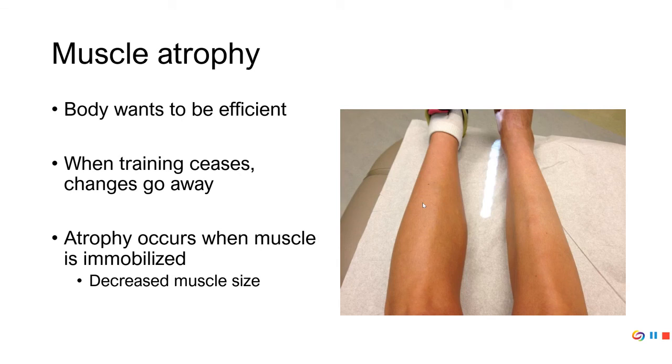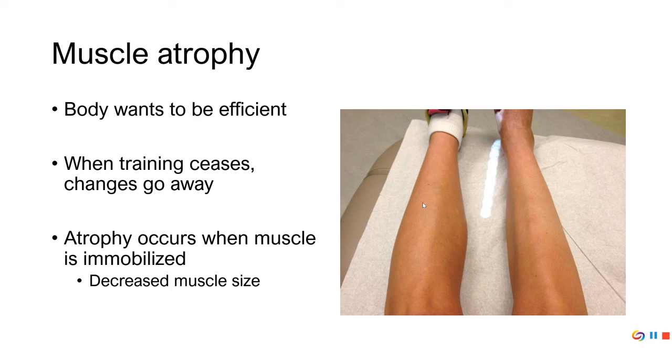Now, on the flip side, you can also have muscle atrophy. So just because I lift, and like I said, I've been doing that right now, well, if I stop lifting, I'm going to have muscle atrophy. Basically it's the reverse of hypertrophy. If I stop having the stimuli needed to maintain that muscle hypertrophy, then the changes go away, and so we get atrophy.